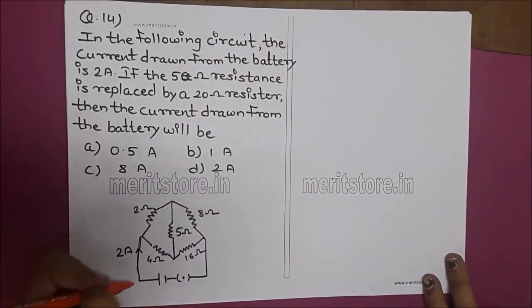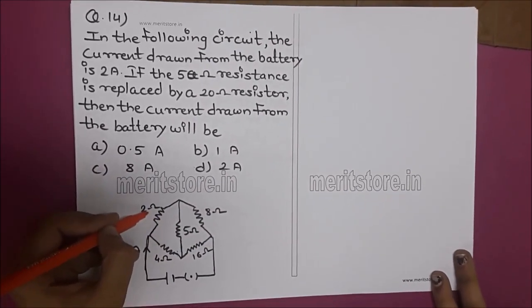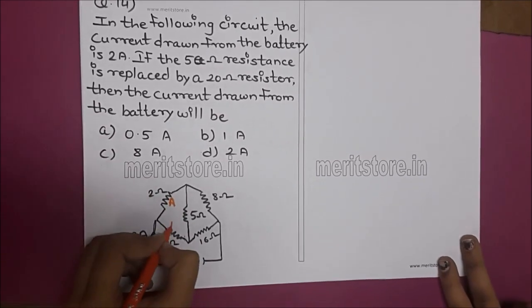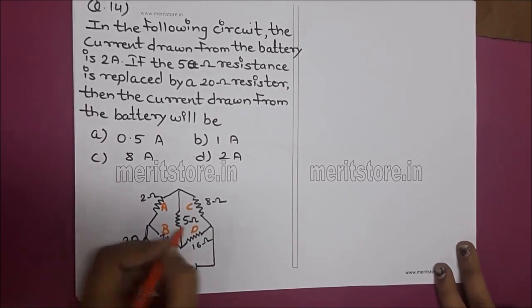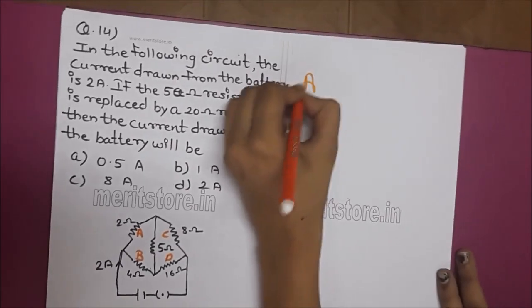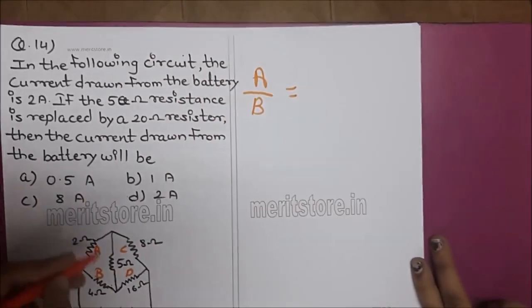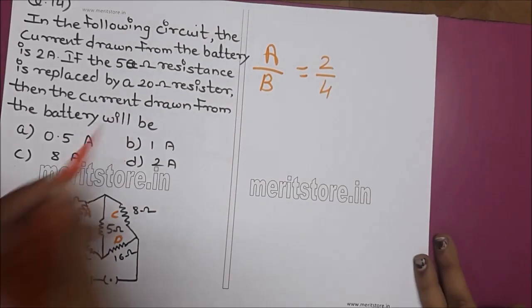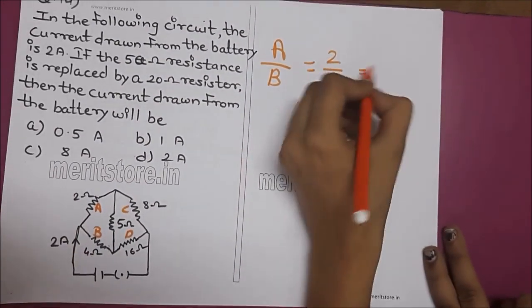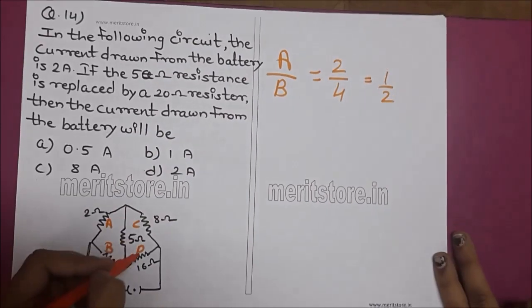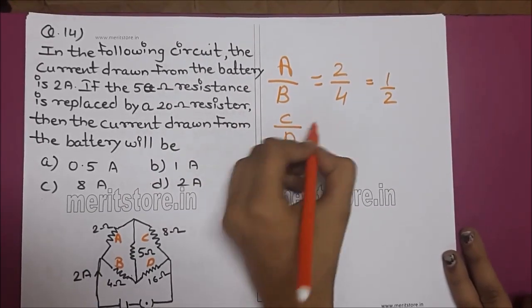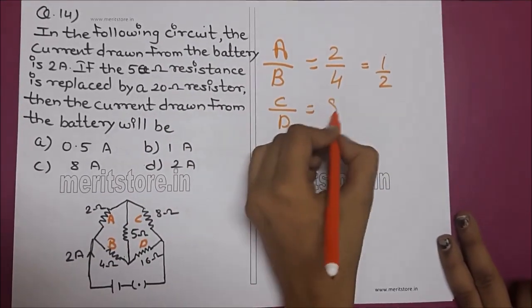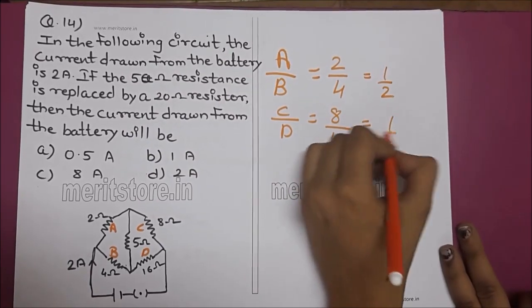So over here we have been shown a circuit. Over here if we see, let's name these as A, B, C and D. So if I have A by B, that is 2 by 4, that is 1 by 2. And C by D will be 8 by 16, that is again 1 by 2.